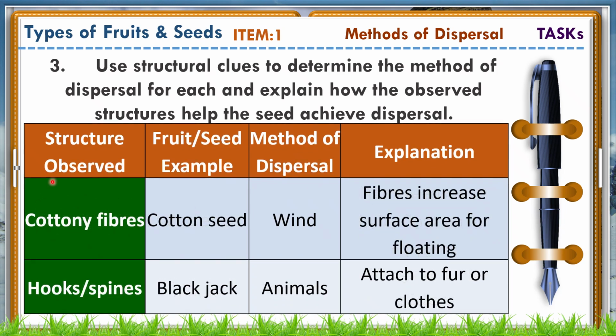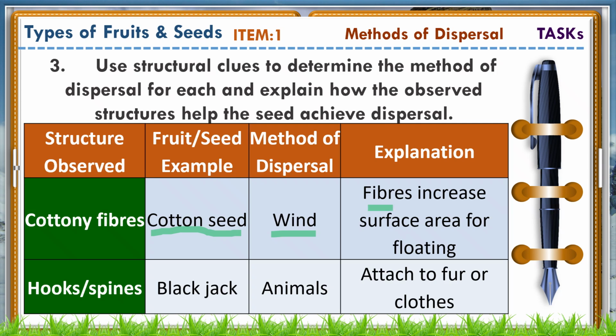We have another structure, cotton fibers. These ones we find them in cotton seed, and they are going to use wind as a method of dispersal.